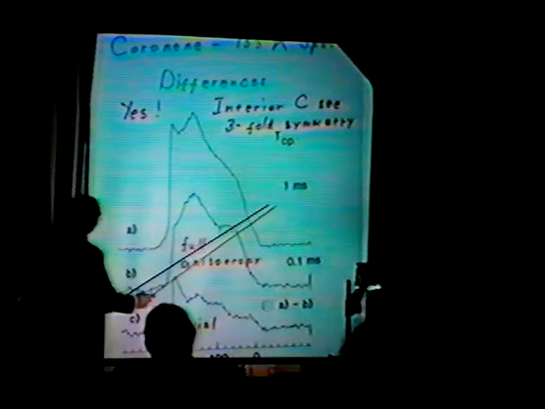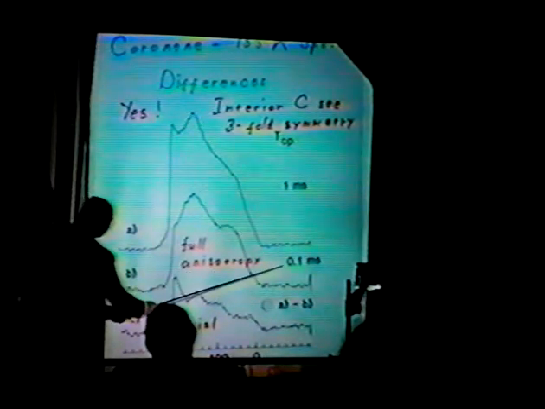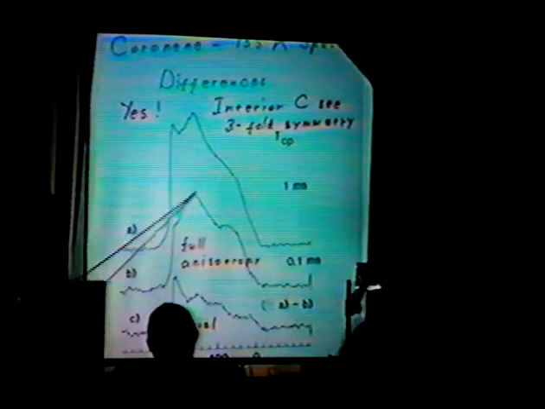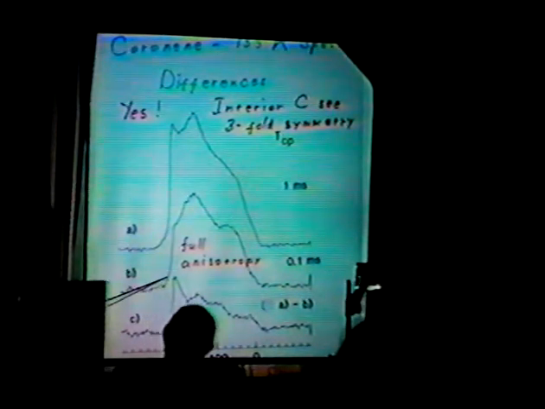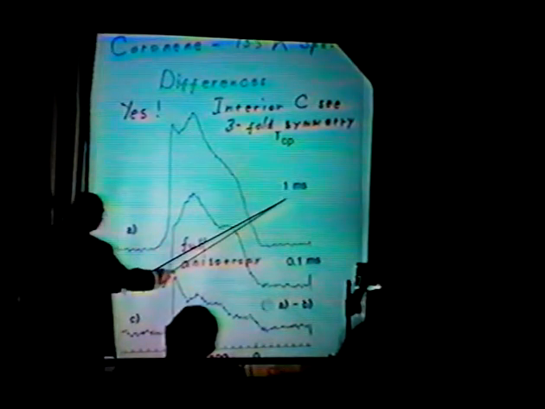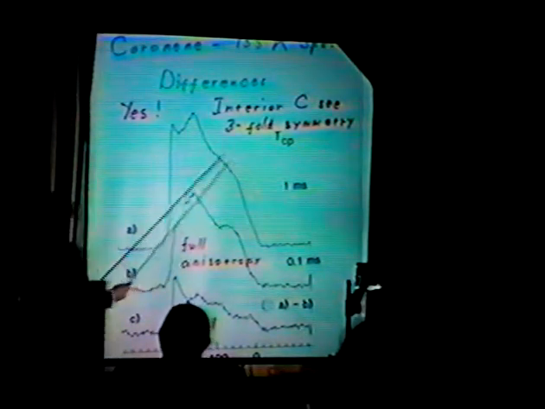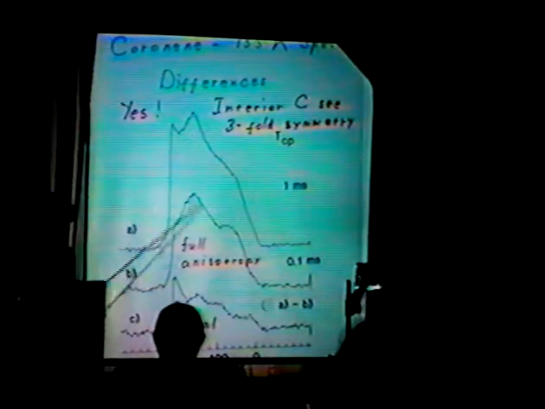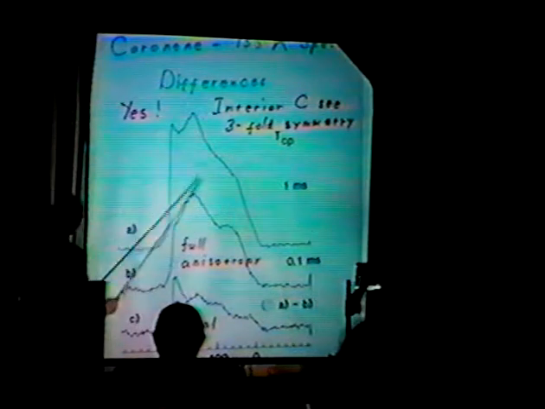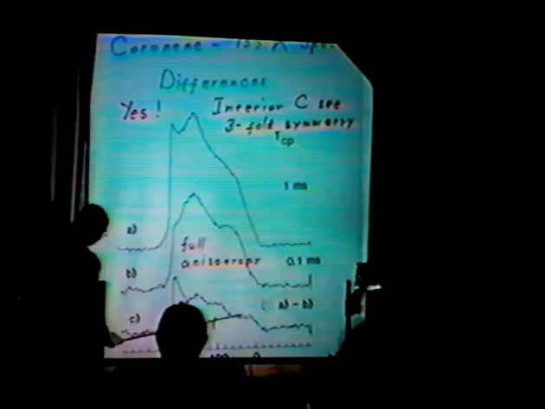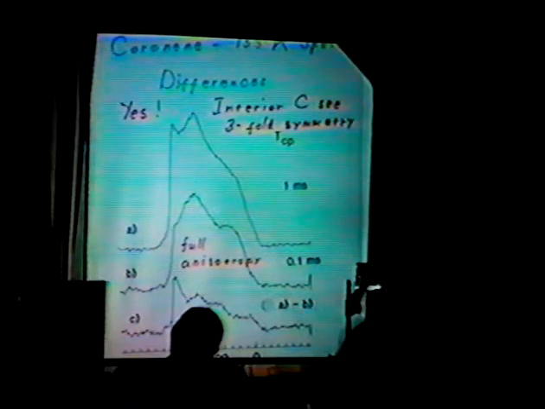If we cross-polarize for a very short time, we only see the ones that are near the protons, and you can see that they have the full anisotropy pattern. We get the whole spectrum, those that are near and far from the proton, and we get this axial peak here. So we can subtract this one from this, and we get a very crude but indicative axial spectrum, which is about a fourth of the total.